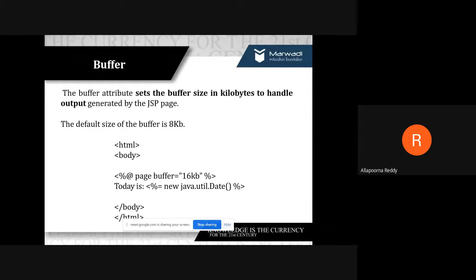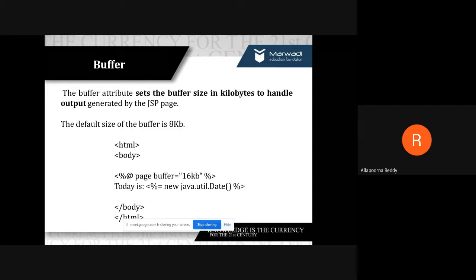Like automatic arrays, this can be handled by your JVM. So to set your buffer size, the buffer size is used to allocate the size for your objects, as I said. When you want to allocate this size to your buffer, by default, if you don't mention it, the allocation is 8 KB.